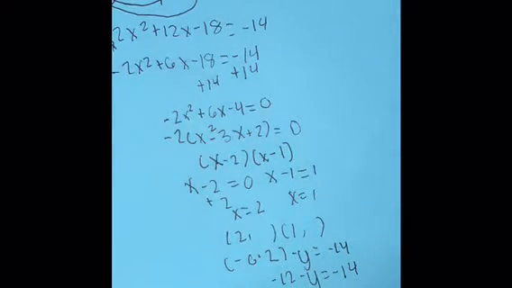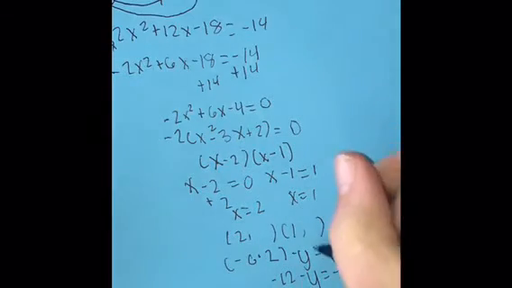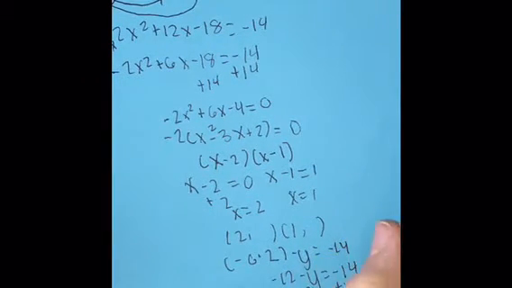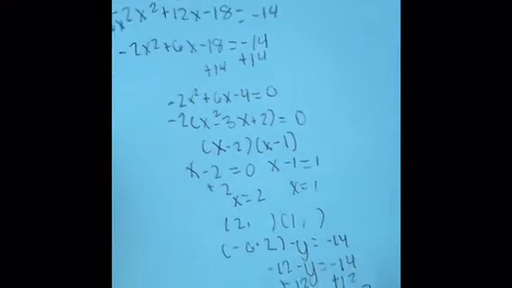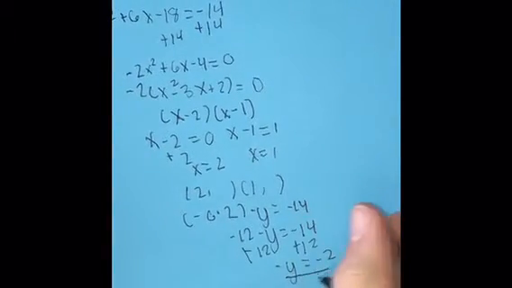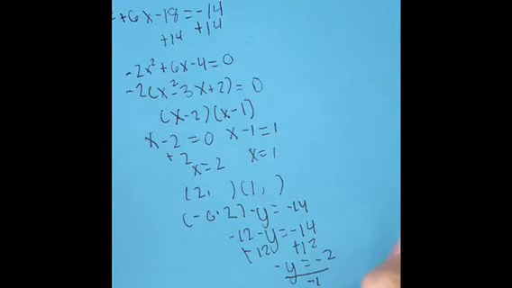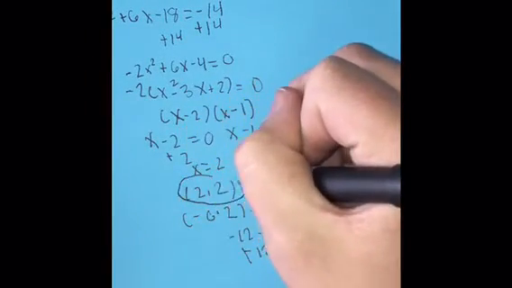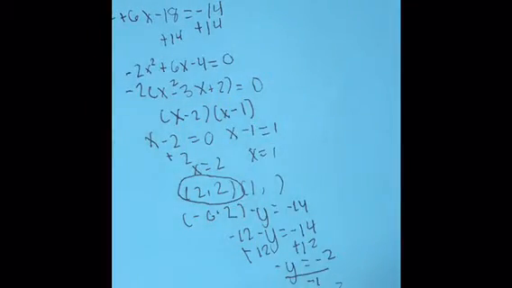Now we need to, again, move all the terms to one side, so we add 12 to both sides, giving us negative y is equal to negative 2. And we don't want a negative, we just want y, so we divide by negative 1, giving us y is equal to 2. So our first solution to the system is (2, 2).